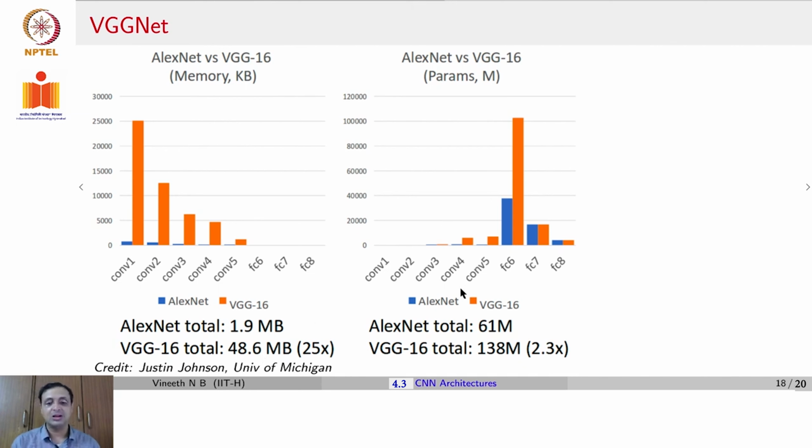In terms of parameters, while the first few convolution layers are reasonably small for AlexNet and VGG, in the fully connected layers, VGG has a significant increase in parameters. And while AlexNet had a total of about 60 to 61 million parameters, VGG16 ended up having about 138 million parameters.